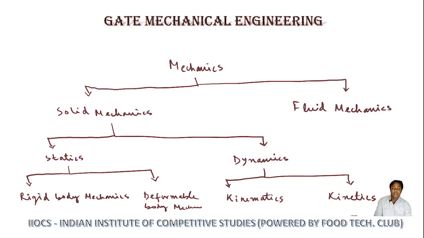That means, let me draw a body. If you pull it from both the sides, the body will change its shape, it will be lengthened. That means the length of the body will be increased. It is quite natural that the length will be increased if we apply some amount of force. But in case of a rigid body, it will not be increased, it will be as it is.